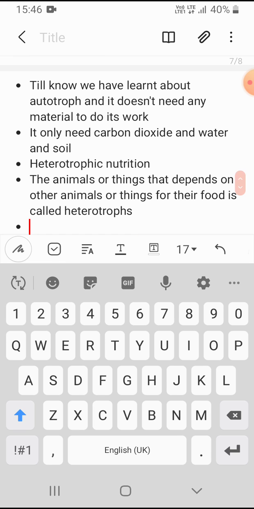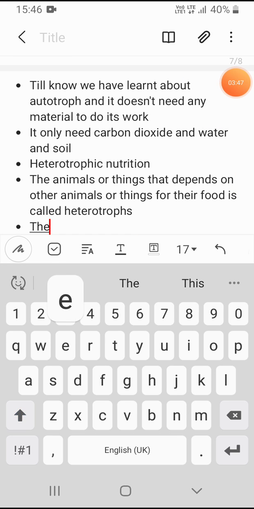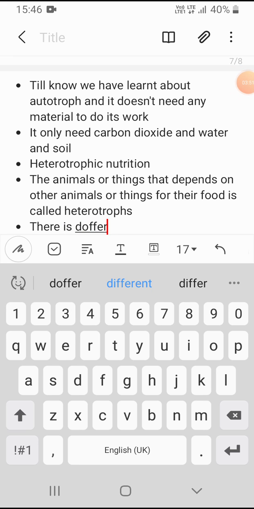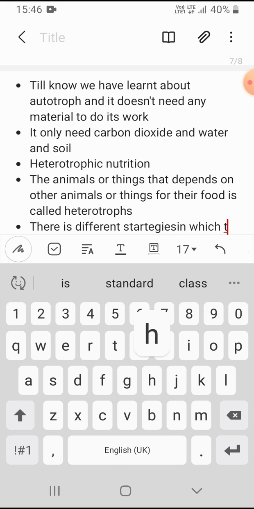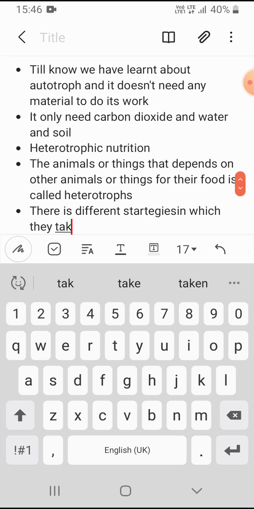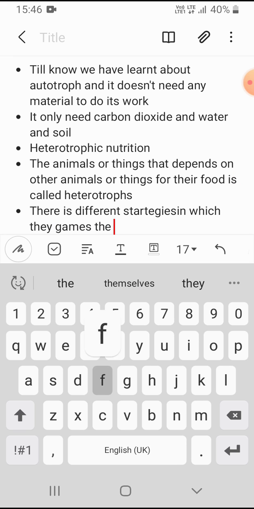You learnt this in your lower classes. There are different strategies by which they take the food in.